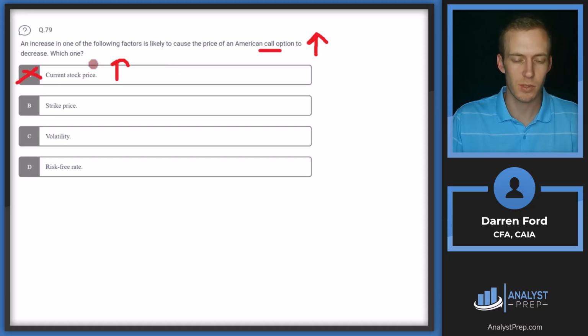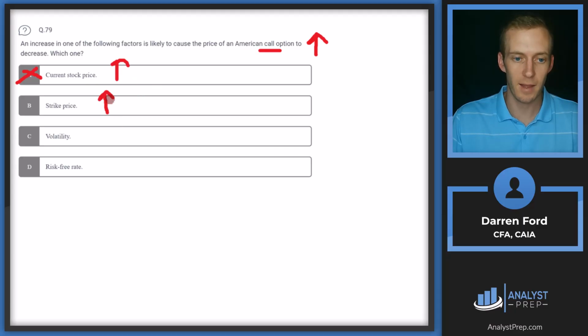If our stock price goes up, we're going to be more likely to be in the money. If we're more likely to be in the money, that's going to be better for the call option value. B, strike price. So for the strike price, if the strike price increases, that means we're going to be less likely to be in the money.